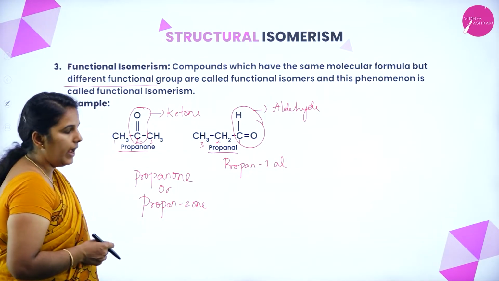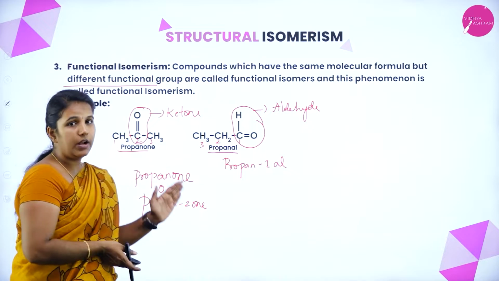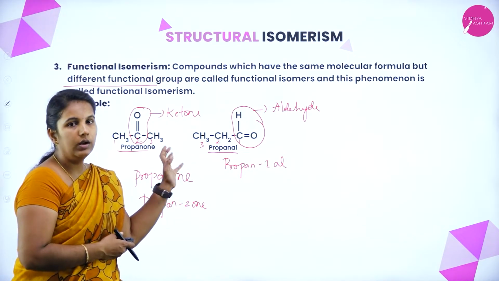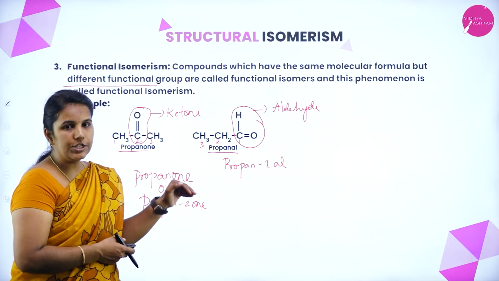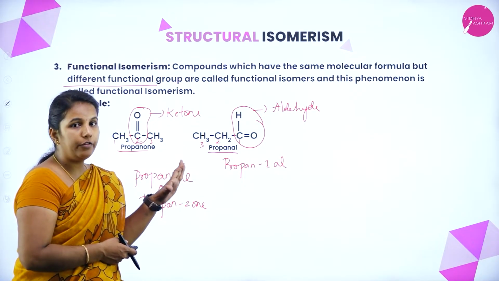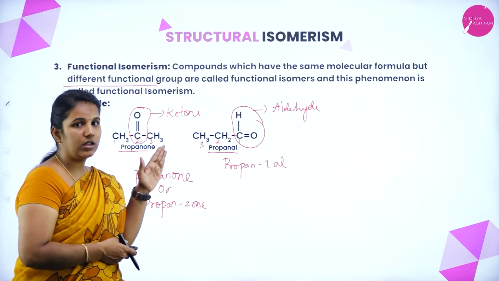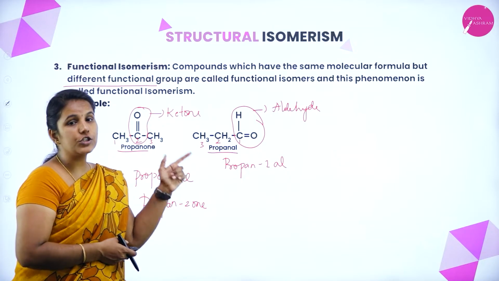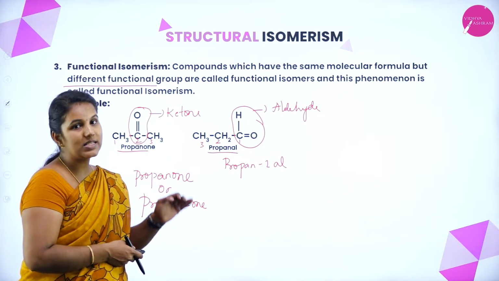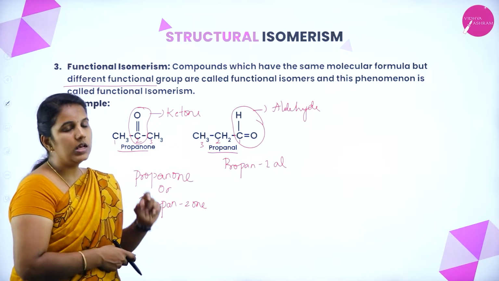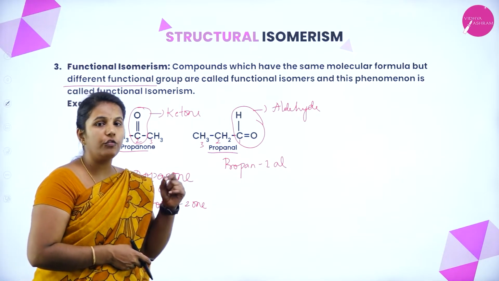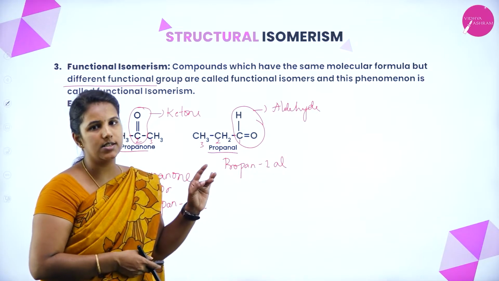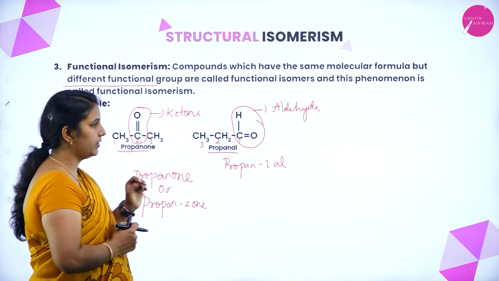This shows that the compounds have the same number of carbon atoms, but one is propanone and one is propanol. Even though they have the same molecular formula, if the functional groups are different, we say it is functional isomerism. For that, you should have knowledge of functional groups like aldehyde, ketone, carboxylic acid, ether, esters. All those things you must know, okay?